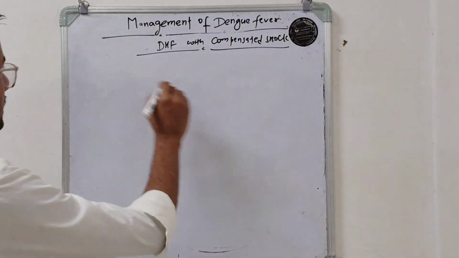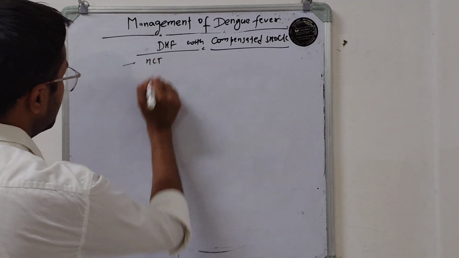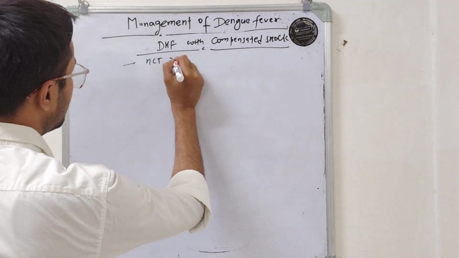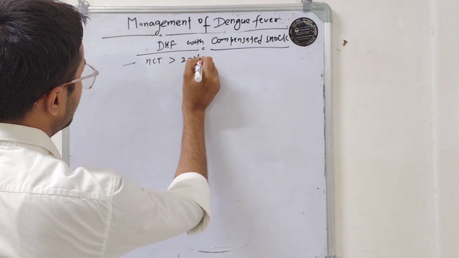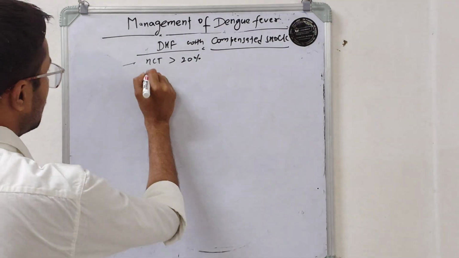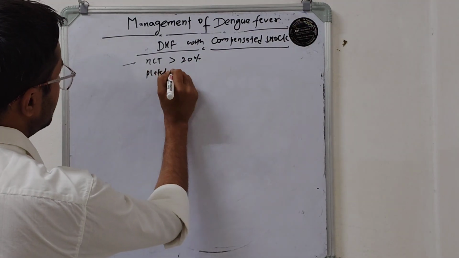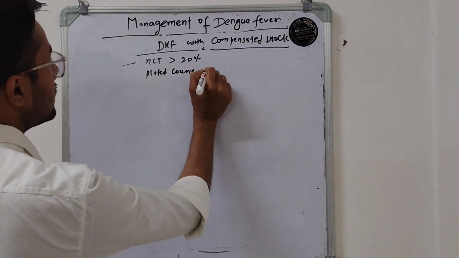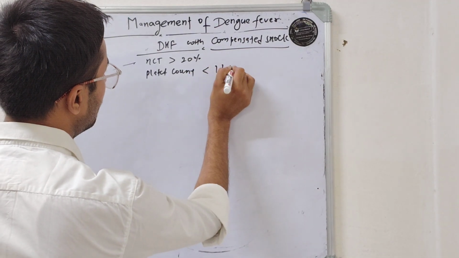The first criterion is obviously the hematocrit level. Its hematocrit level rises by more than 20%, and the platelet count is less than 1 lakh.